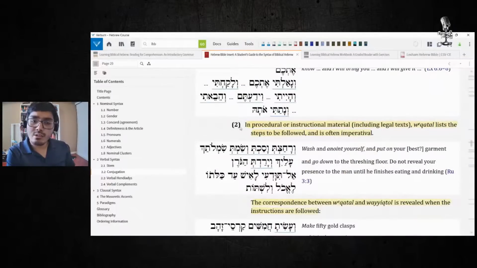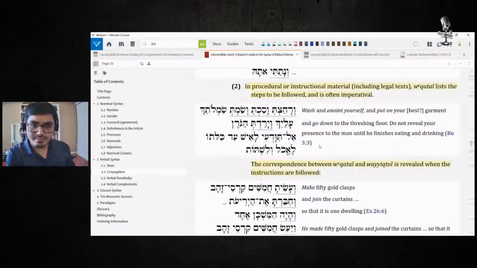The vekatal can also be used in procedural texts, saying these are the things you have to do one after the other. Think of it like an instruction manual. Step 1, step 2, step 3. One example of that is in Ruth 3, verse 3.